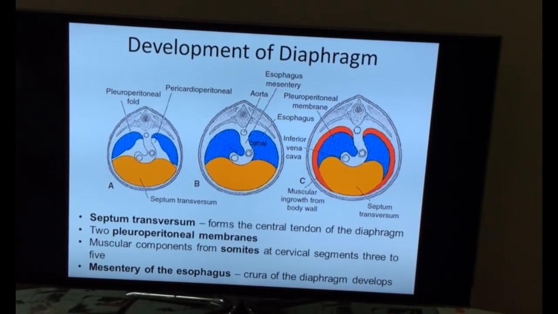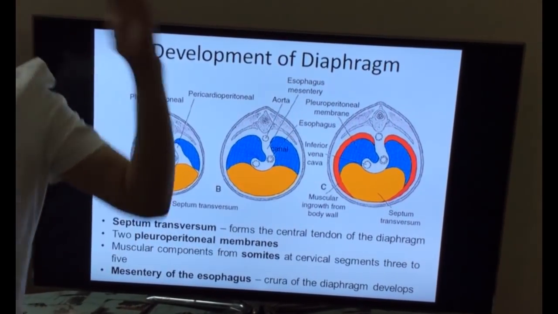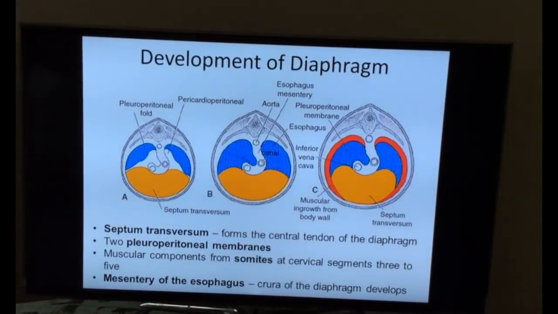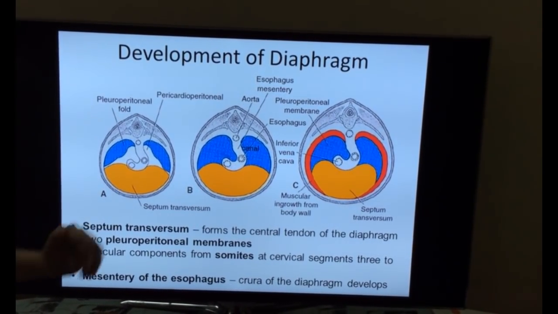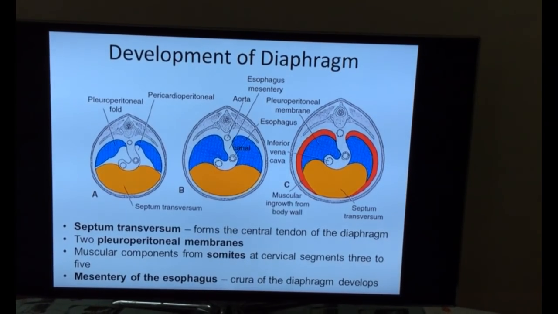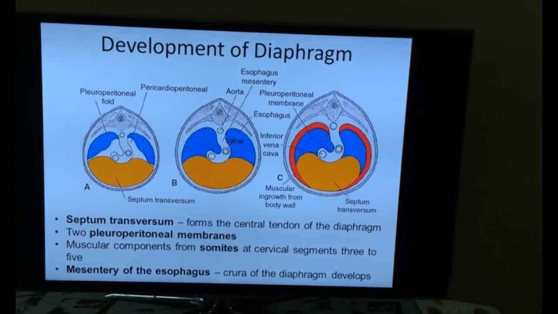The name tells you that the pleuropericardial fold separates the pleural cavity from the pericardial cavity. That doesn't come into the picture in the development of the diaphragm. The fold which comes into the picture in the development of the diaphragm is the pleuroperitoneal folds.